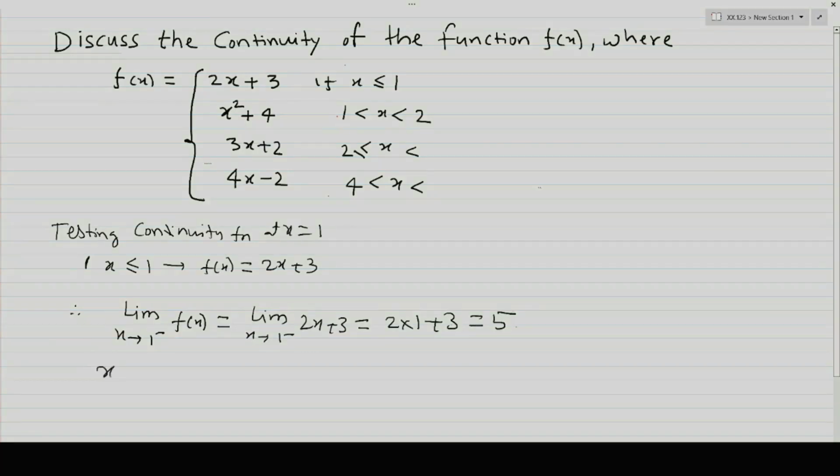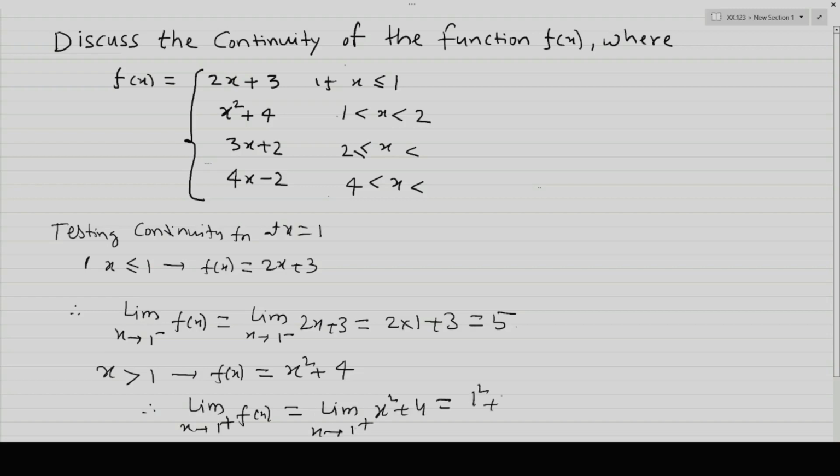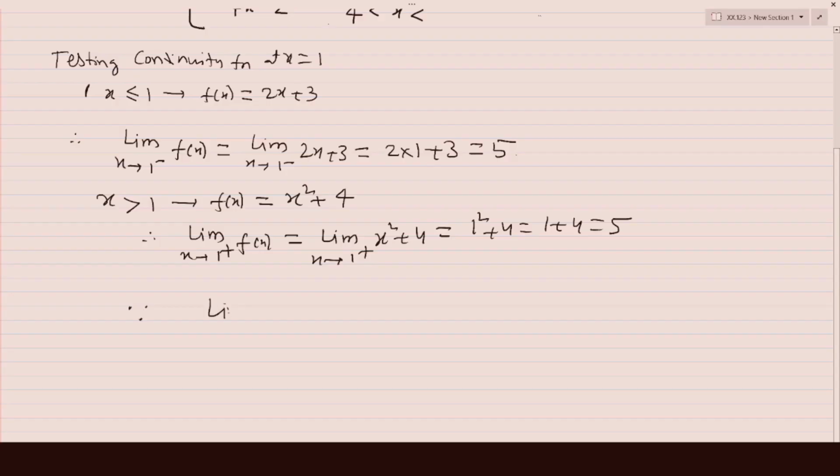Similarly, for x greater than 1, f(x) equals x square plus 4. Therefore, the limit as x tends to 1 plus of f(x) equals the limit as x tends to 1 plus of x square plus 4, equals 1 square plus 4, equals 1 plus 4, equals 5. The limit as x tends to 1 minus of f(x) equals the limit as x tends to 1 plus of f(x).